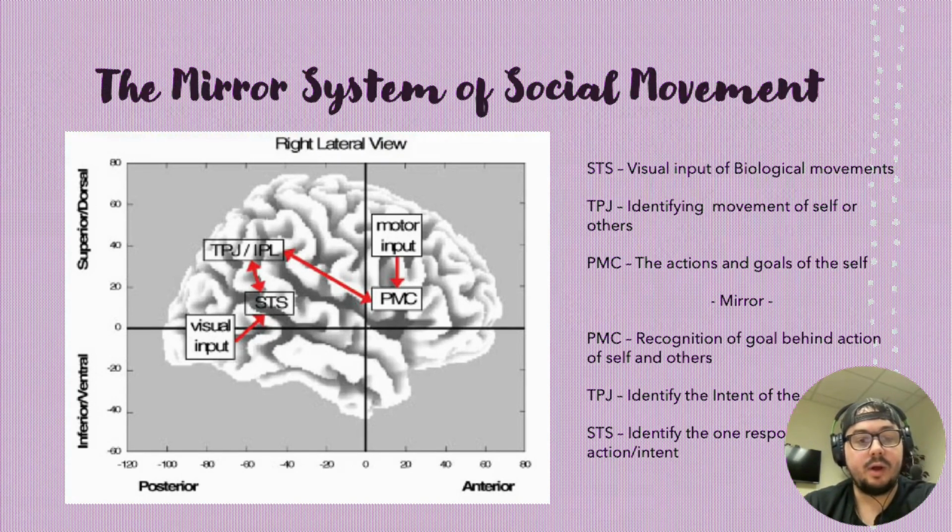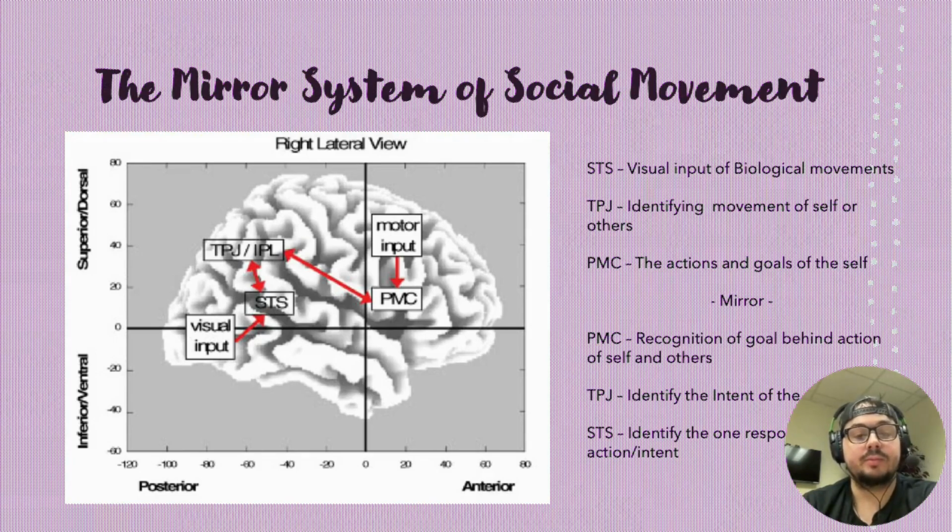And of course, how well all these three areas function in a situation will determine how well you can actually mentalize another person's intent or another person's actions. And mirror neurons also serve to use the information being processed as a way of mapping out your own movement.